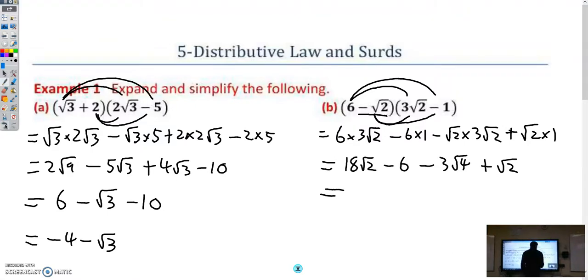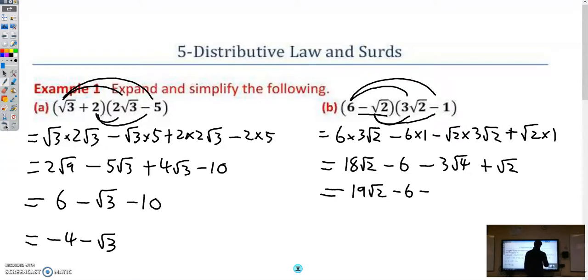Simplify again. So here we have 18√2 plus √2. So 18 plus 1 is going to leave us with 19√2 minus 6. Now where we have 3√4, the square root of 4 can be found. It can be simplified. The square root of 4 is 2.